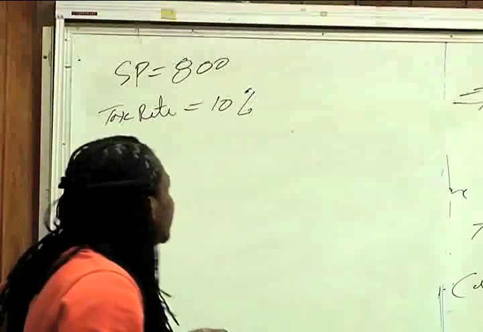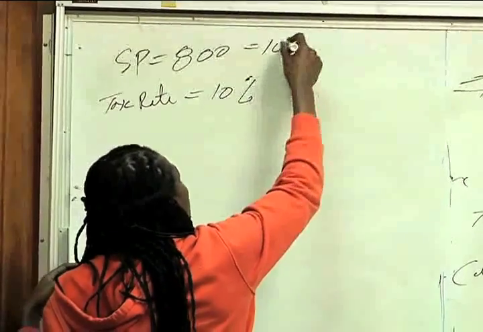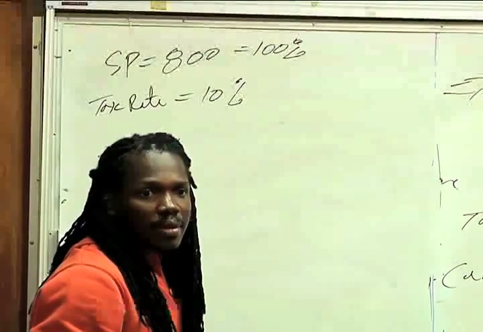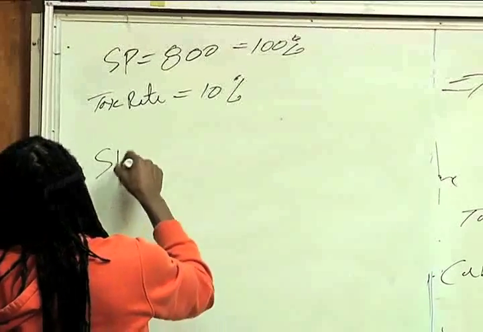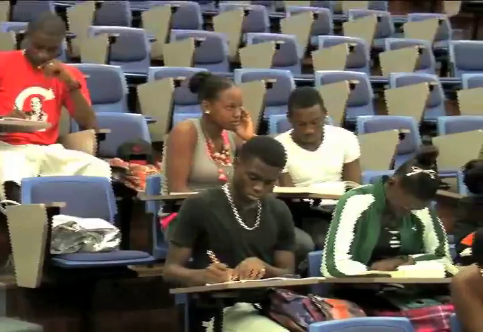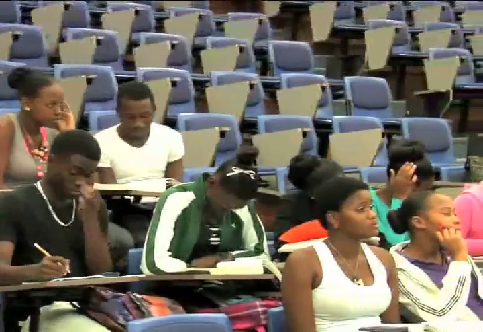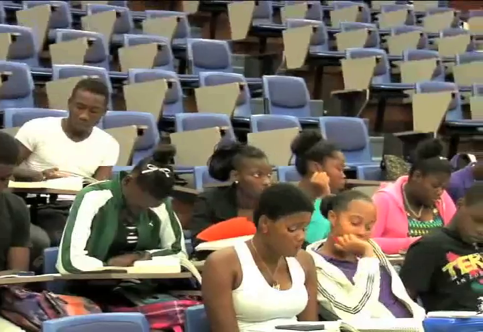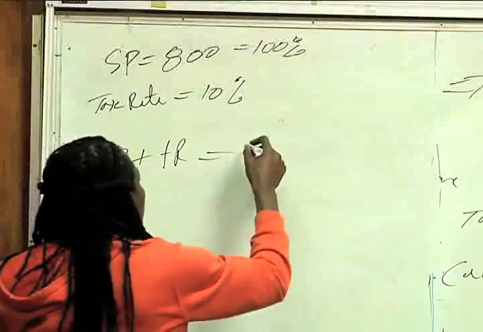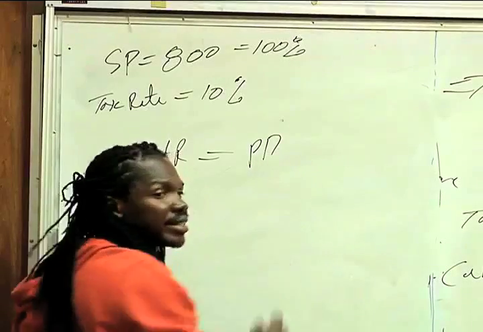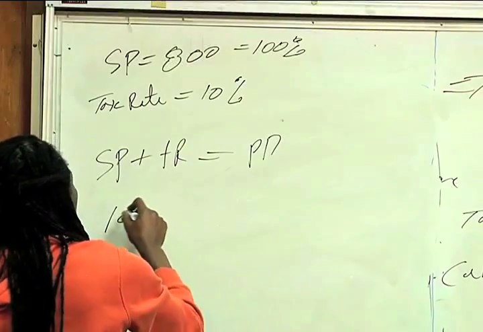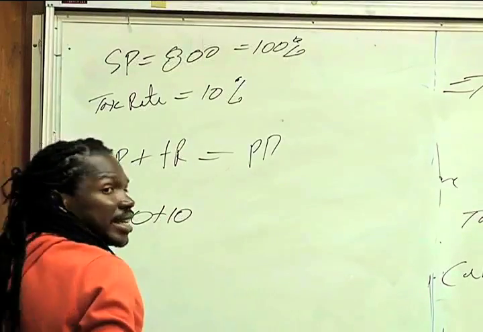What else do we know? Alright, now. The selling price is equal to 100%. So therefore, it is the selling price plus tax rate. What do they ask you to find? How much will she pay for it? So that is equal to price paid. Now what is this? 100 plus 10%.